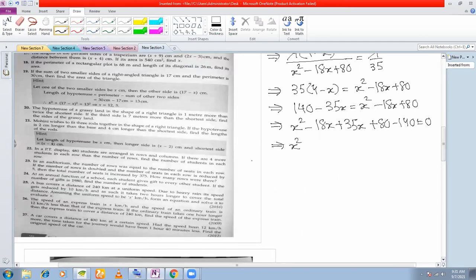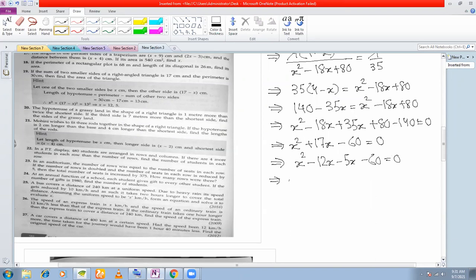So that means now you're going to get x square, and minus 18 plus 35 is going to give you 17, so plus 17x, and 80 minus 140 is 60, so minus 60. So what are the factors here? Plus 20 and minus 3, because you have a plus 17.